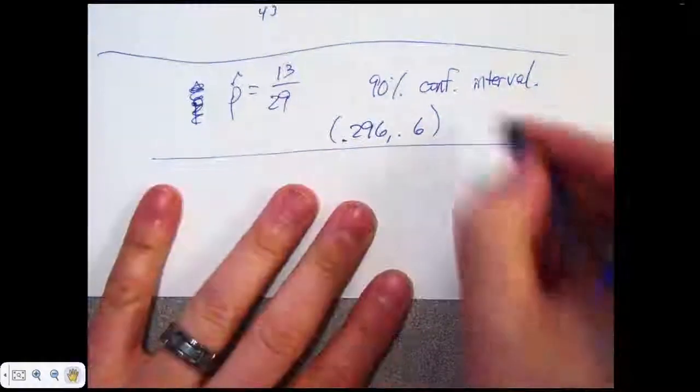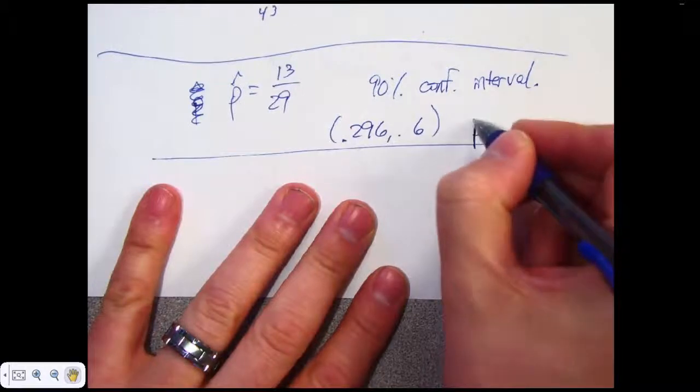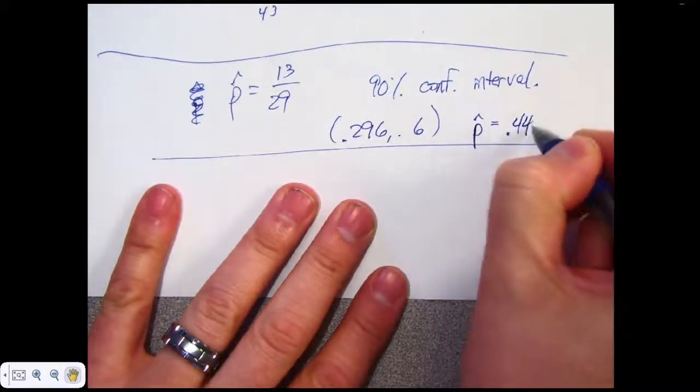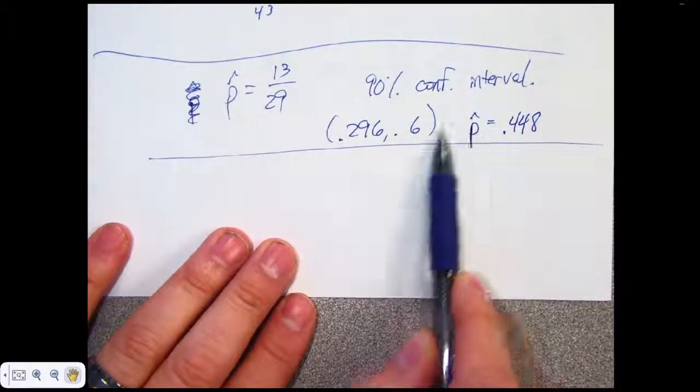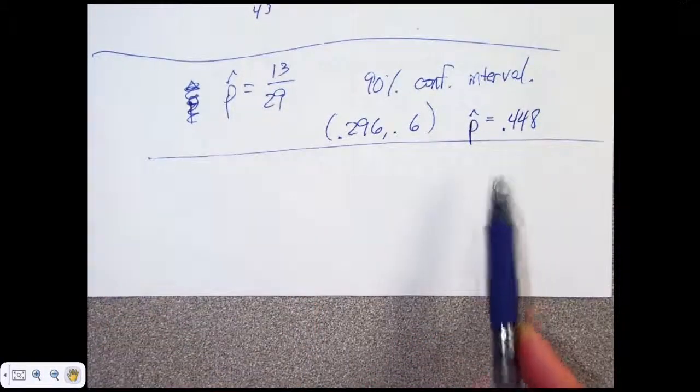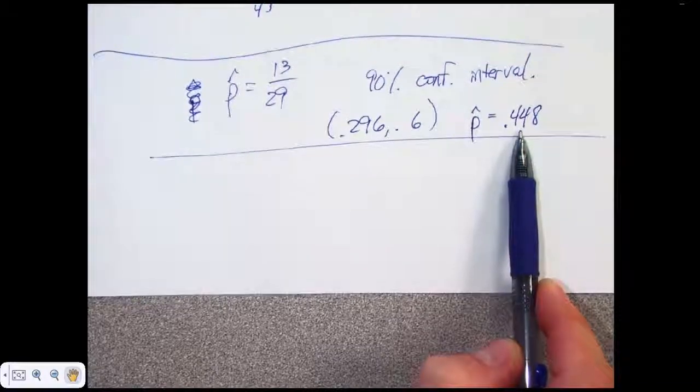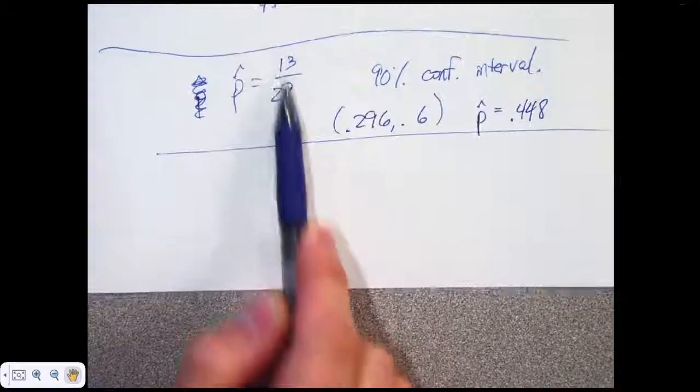You'll notice when it gives you the answer, it also gives you the point estimate. So that 0.448. Do you guys get what I got? Yeah. So you see how it says P hat equals 0.448. They're telling you what the middle of it is, which is also just the same as 13 divided by 29.